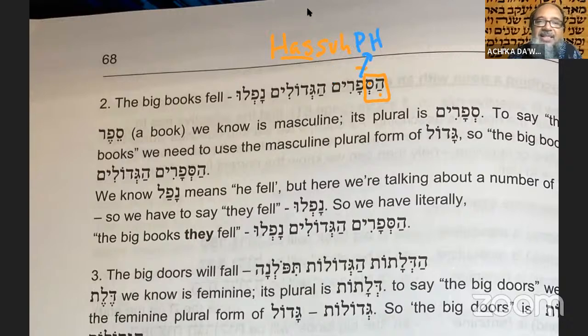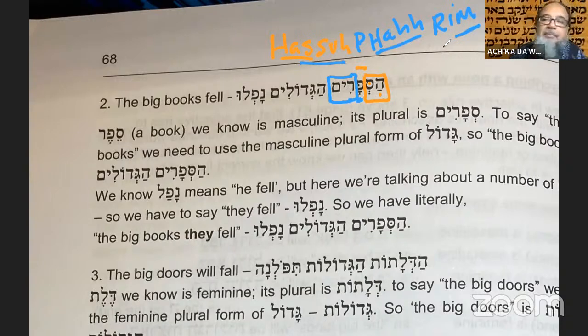So it's a PH sound, fa. So I go hasa, fa, and then I got the ah, which is a long vowel, and then I got this left, which is rim, R-I-M. Hasafarim. Hasafarim.